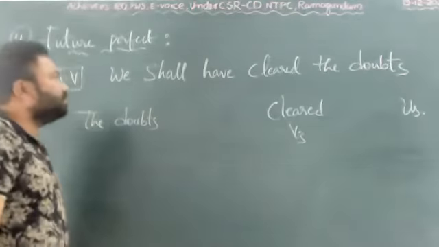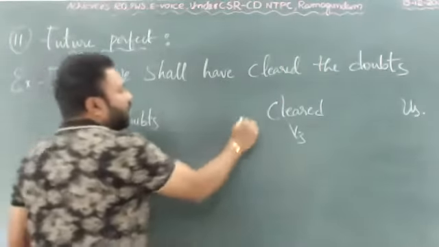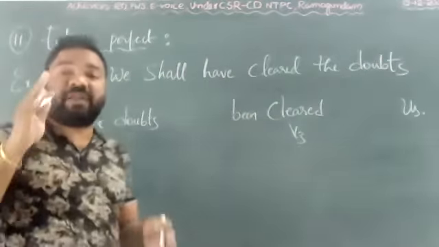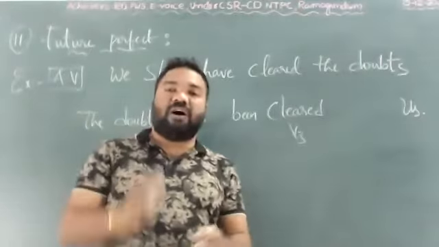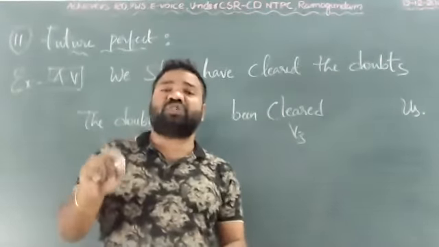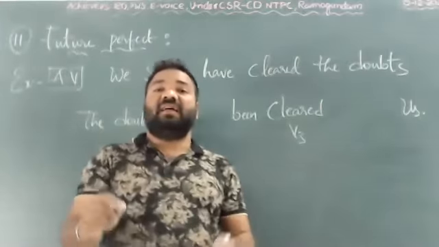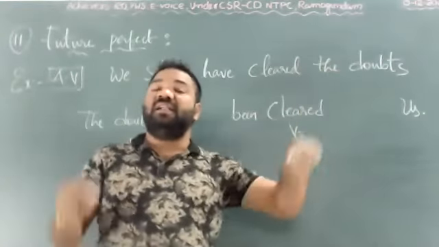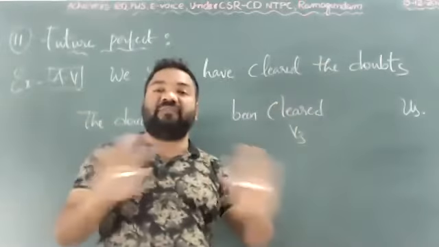So next, be we have to apply for perfect forms. Definitely it has to be been. For continuous forms, it has to be being. For simple forms, am, is, are in the present, was, were in the past. Never forget this.